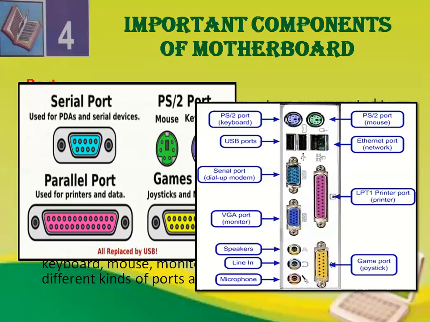Ports are a physical interface used to provide the connection between the external devices and the motherboard, the system board. Whenever you connect devices with the help of the ports, these devices become part of your system unit. Then you can use those devices like keyboard, mouse, monitor, printer, USB.